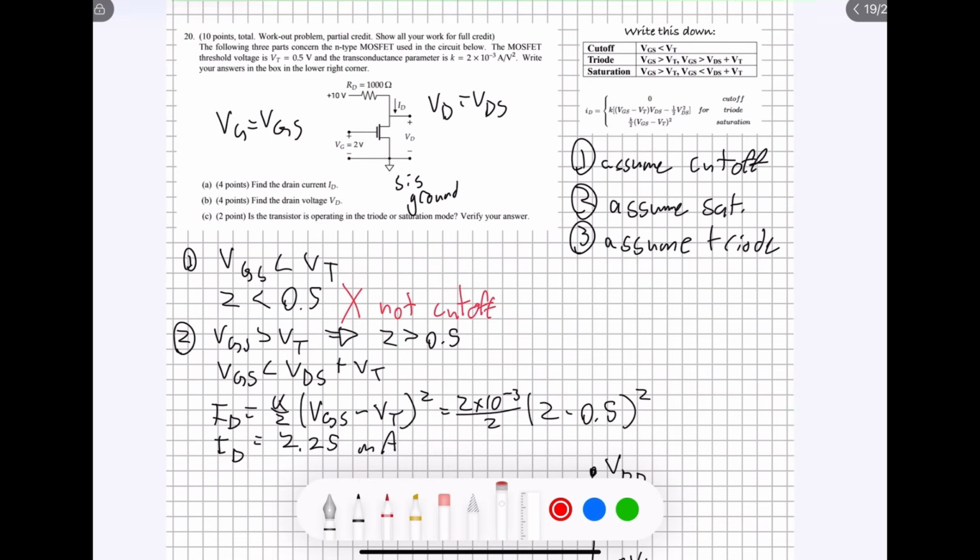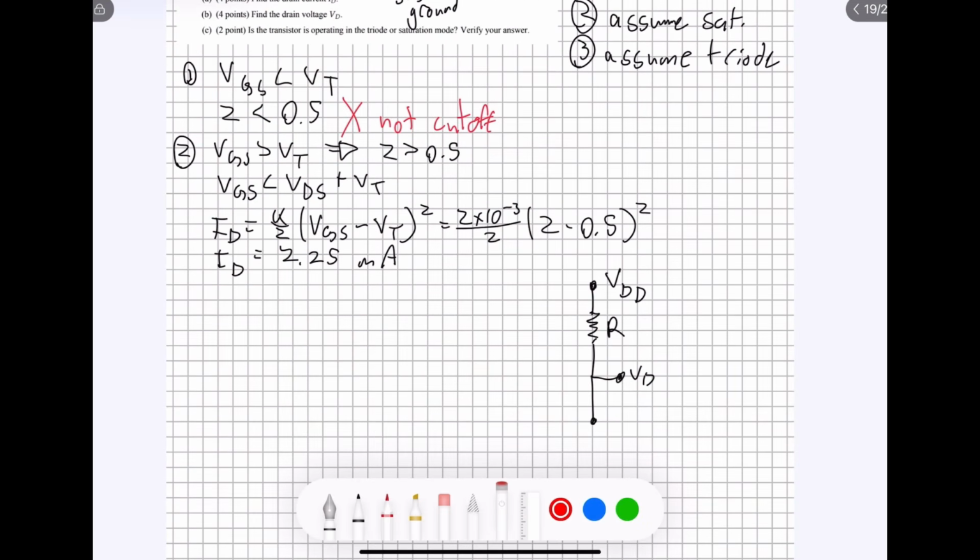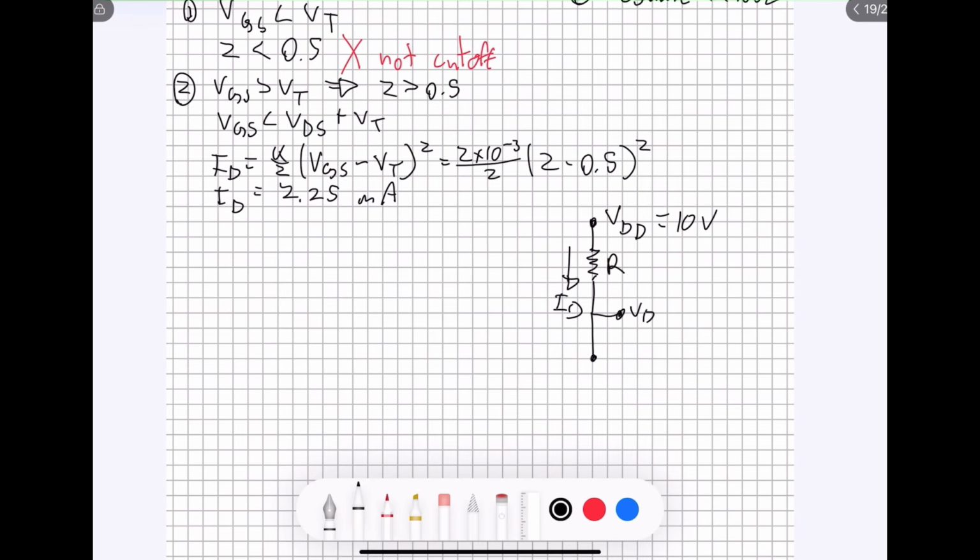And we can see that that matches the setup up here, and we know that this is equal to 10 volts, and we just found what the current going through here is. So what we're trying to find is the voltage drop from here, but we're not given that. However, we are given the voltage drop from VD to here, and also, through Ohm's law and the current and the resistance, we can figure out what the voltage drop is from there to there.